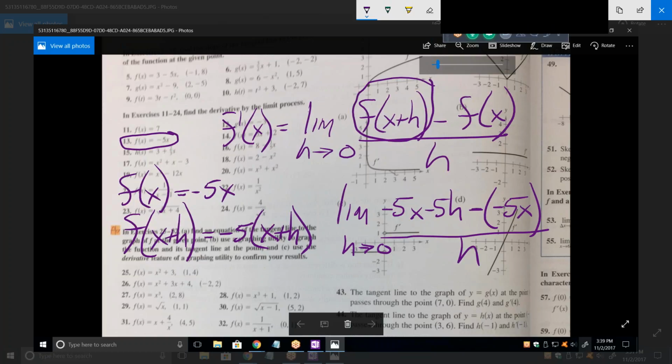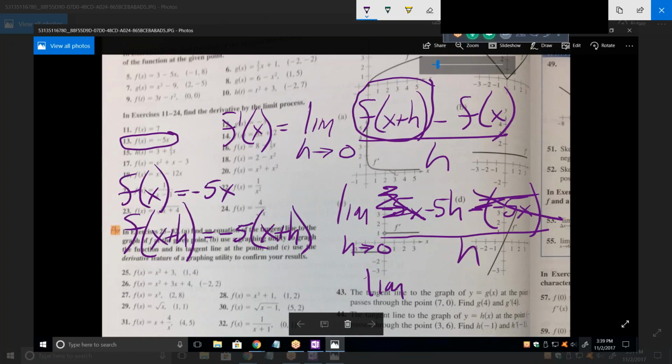Now, simplify the top. The top? In other words, I got a minus 5x there, and I got actually a plus 5x there. Yeah, you just have negative 5h over h. Exactly. Now simplify that. So just negative 5.